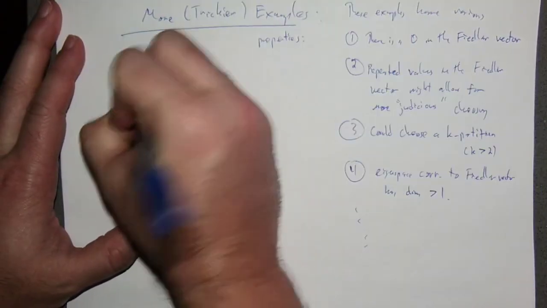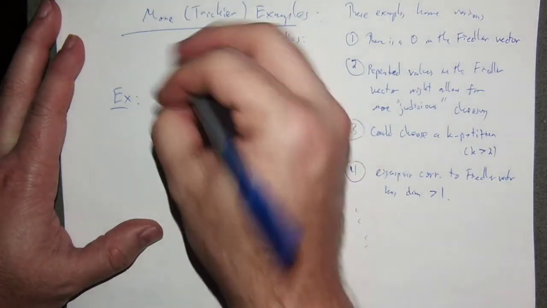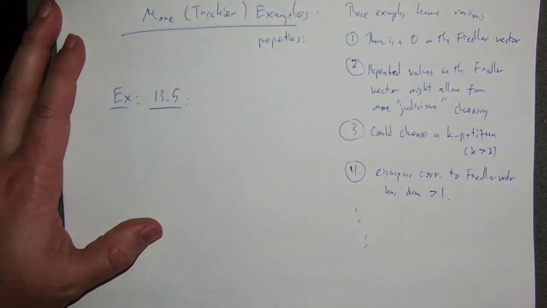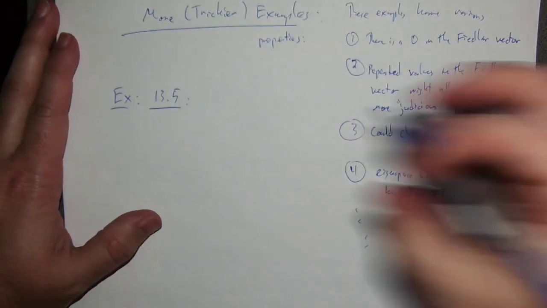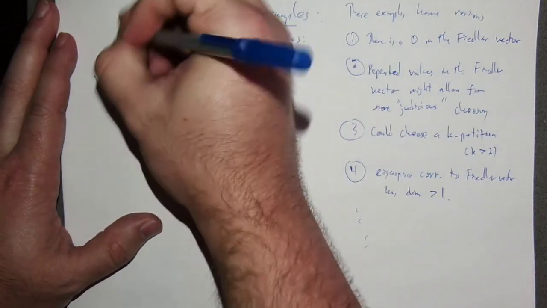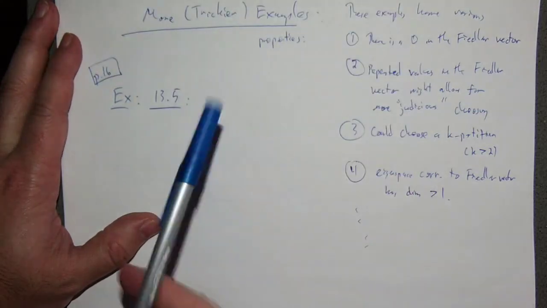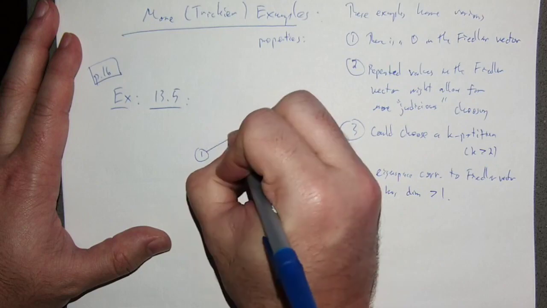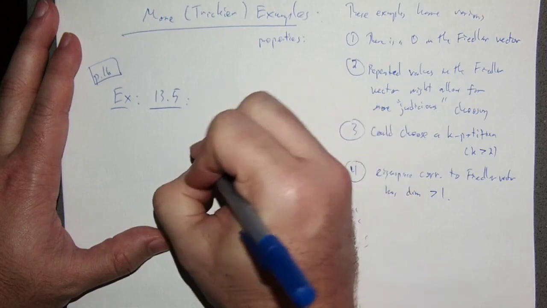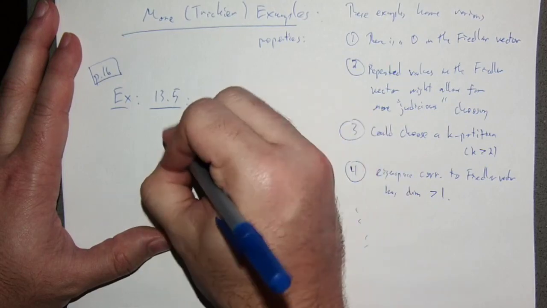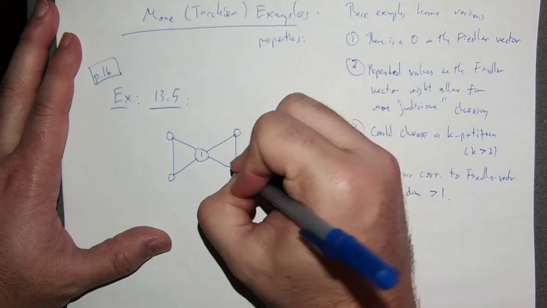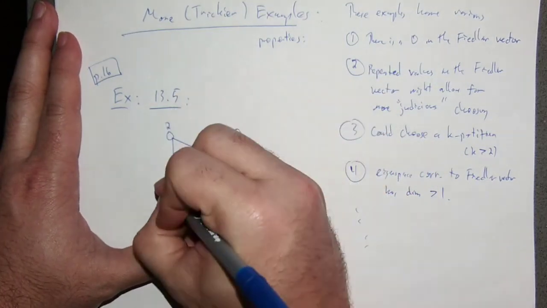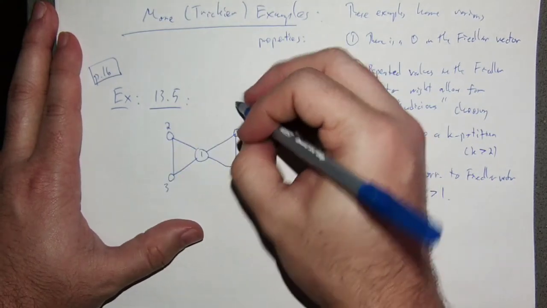So let's look at this example, which is 13.5. Again, this is page 16. So 13.5, it looks like this. I have this bow tie graph, with vertices labeled 1, 2, 3, 4, 5.